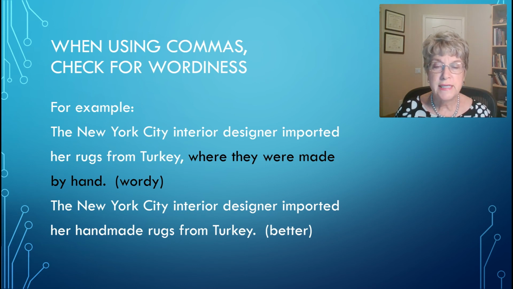The New York City interior designer imported her handmade rugs from Turkey. We took a 6-word phrase and reduced it to a 1-word adjective. And that's what you can do, is replace long phrases with adjectives and adverbs.